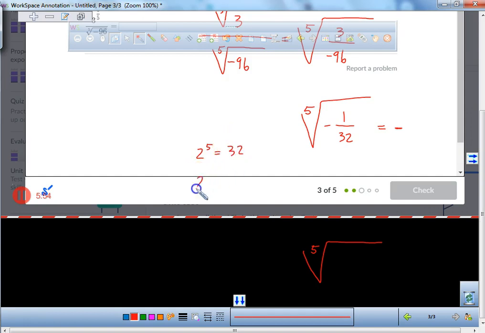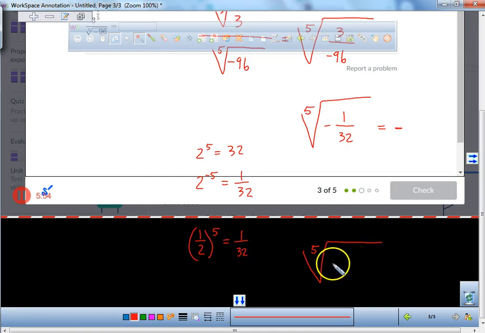So 2 to the power of negative 5 is 1 over 32. All right, it's 1 over 32. Or I could say 1/2 to the power of 5. All right, 1/2 to the power of 5 is also 1 over 32.